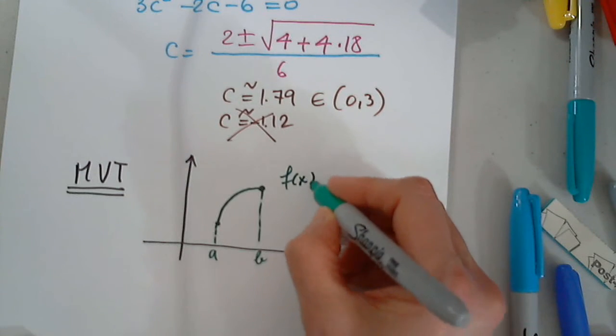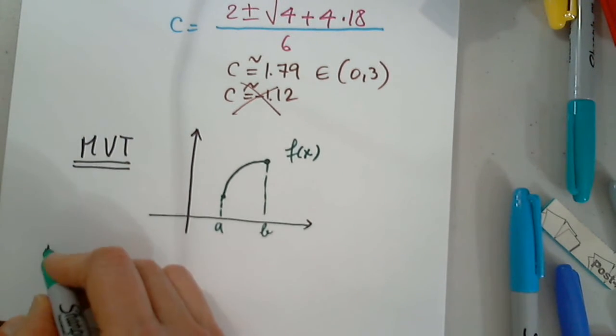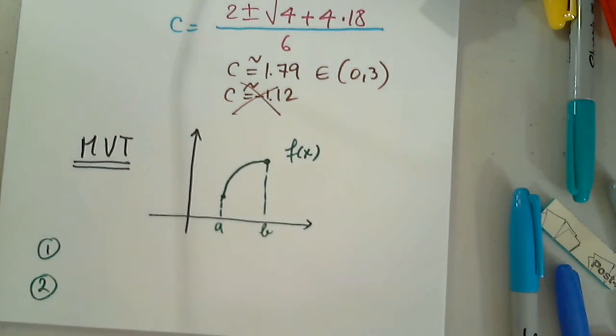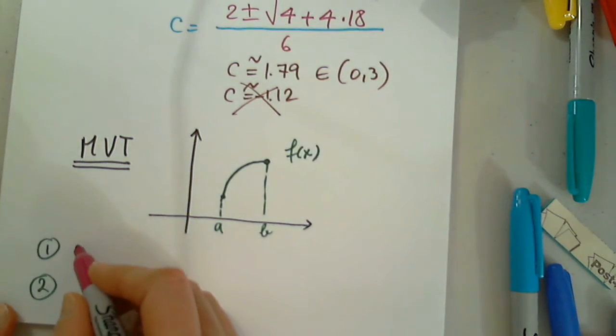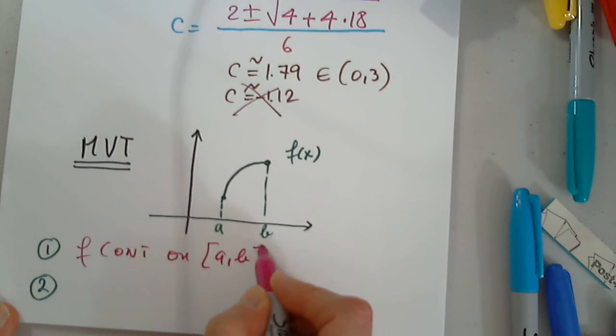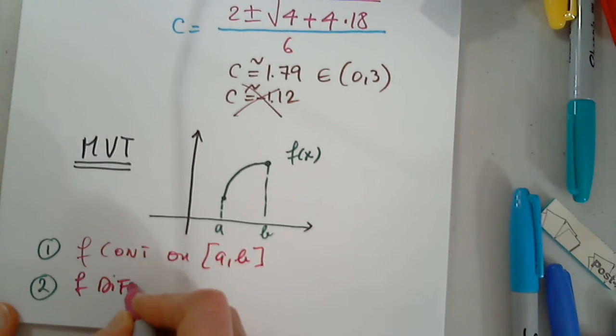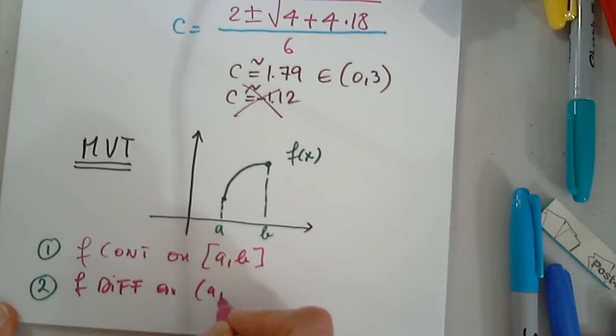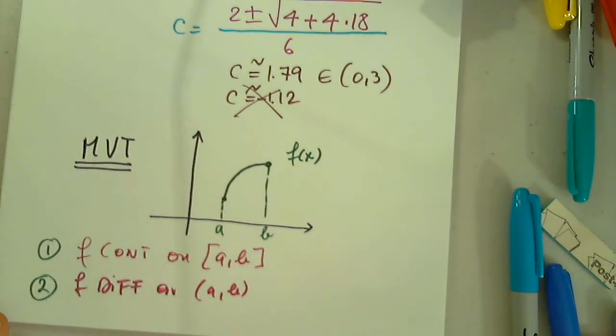This is our f of x, and the hypotheses are exactly the same as Rolle's theorem: number 1, f continuous on [a, b], and f differentiable on (a, b).